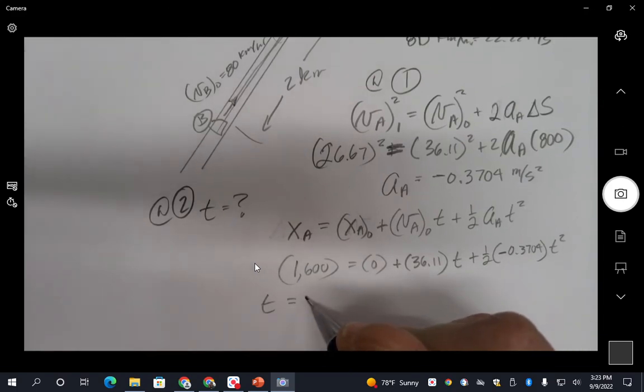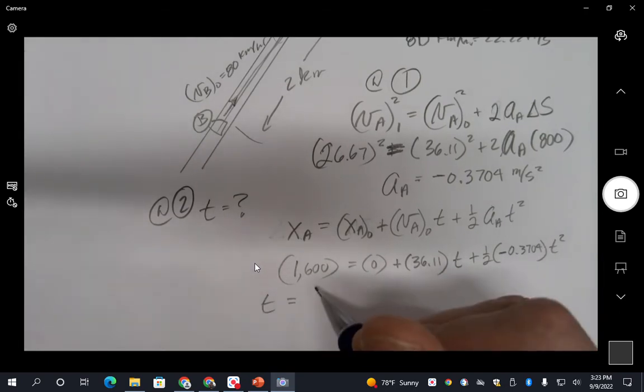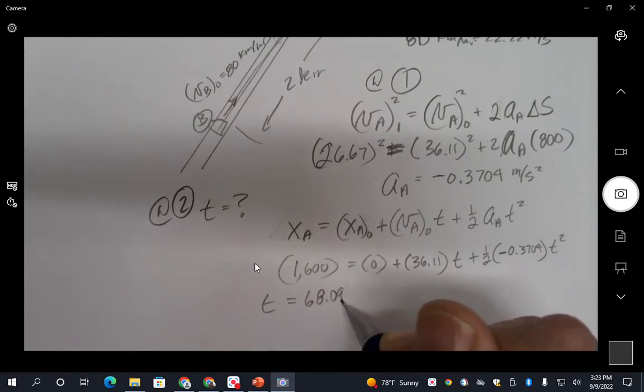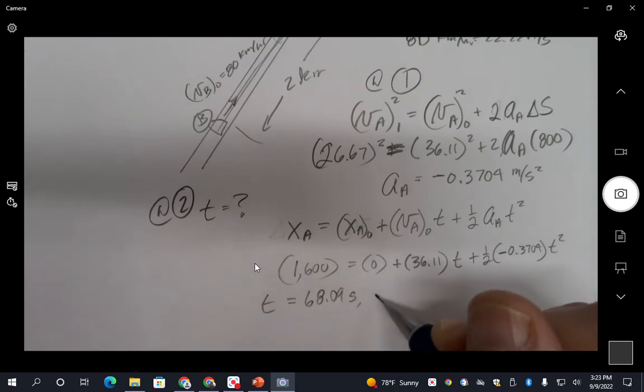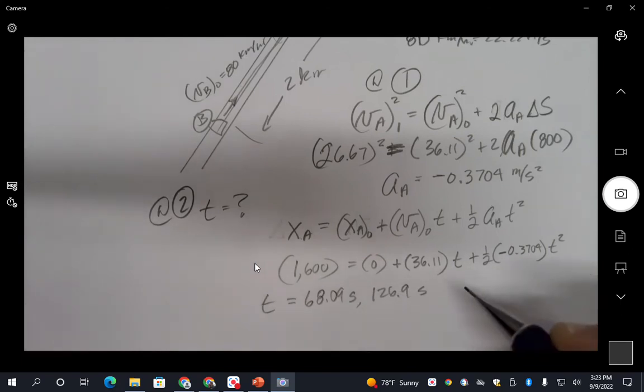We get the two roots from this, because it's a quadratic. There are actually two separate things to try: 68.09 seconds and 126.9 seconds.